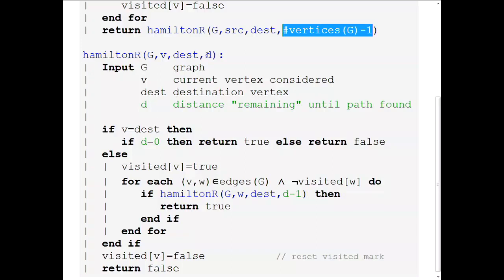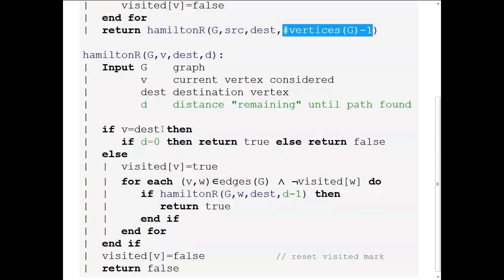And D is the distance remaining until a path is found. At the beginning, the distance is maximal. We want to visit all the vertices. And as we go deeper into the search, we will reduce the depth that we are looking for as we have found and visited vertices on our path.